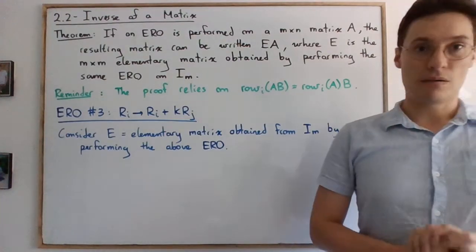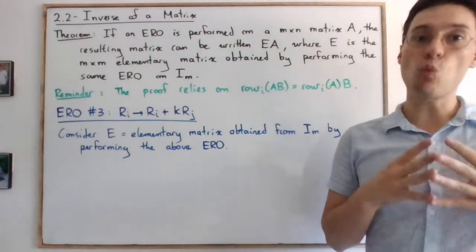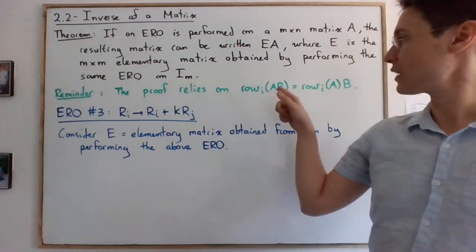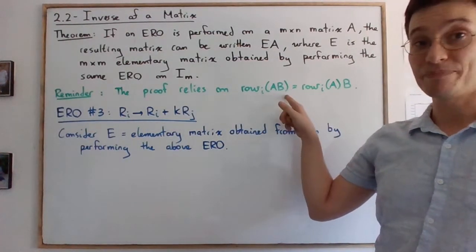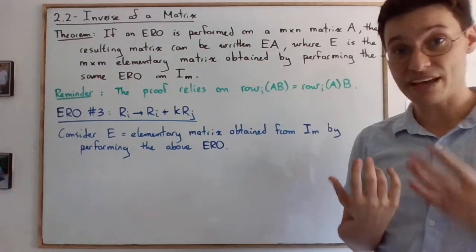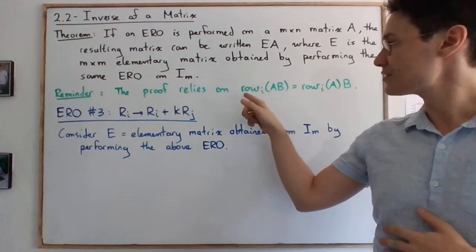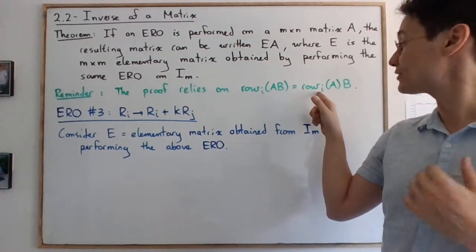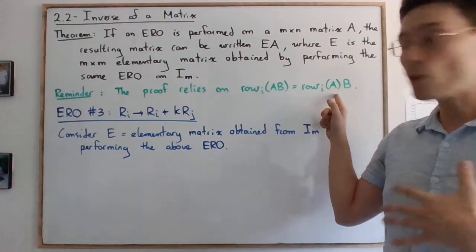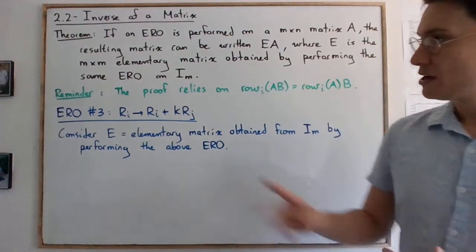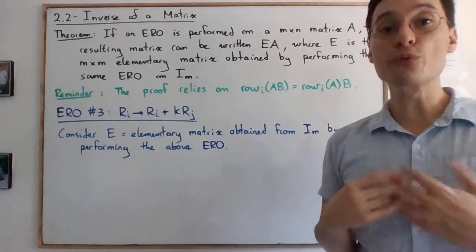Okay, I won't remind you why this theorem is so important, but I will remind you that the proof relies on this identity: when you multiply two matrices together, you can find the ith row of the product by looking just at the ith row of A, how it multiplies with the entire matrix B. So now we're doing the row replacement.